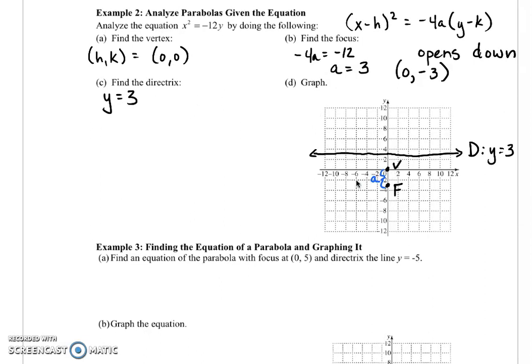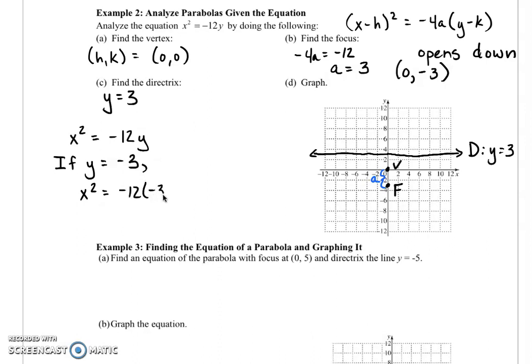And now we need a couple extra points to be able to graph our parabola. So we know x squared equals negative 12y. Let's pick a y value of negative 3, and then figure out what x has to be. So x squared is negative 12 times negative 3, which means x squared equals 36.